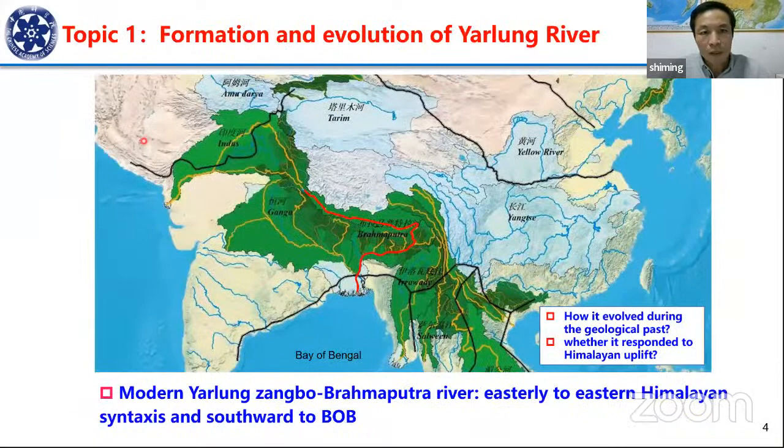And for topic one, I want to talk about the formation and evolution of the Yarlung River. At present, the Yarlung River flows easterly along the south of the Himalaya and rapidly turns south at the eastern syntaxis of the Himalaya, mixes with the Brahmaputra River, and finally drains into the Bay of Bengal, the northern Indian Ocean.